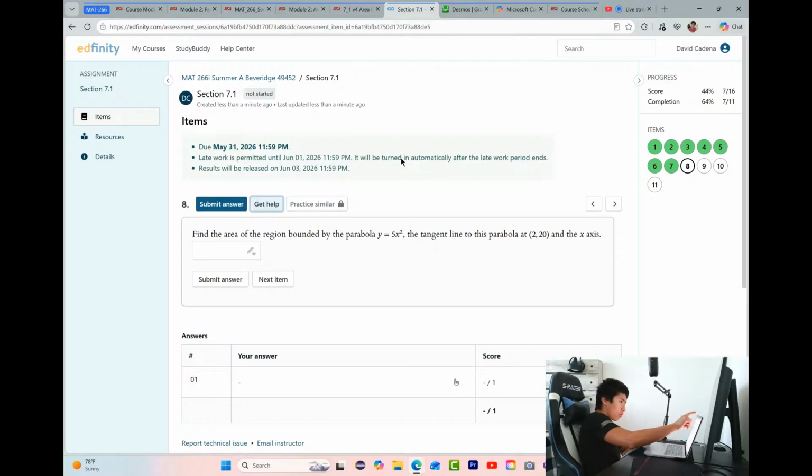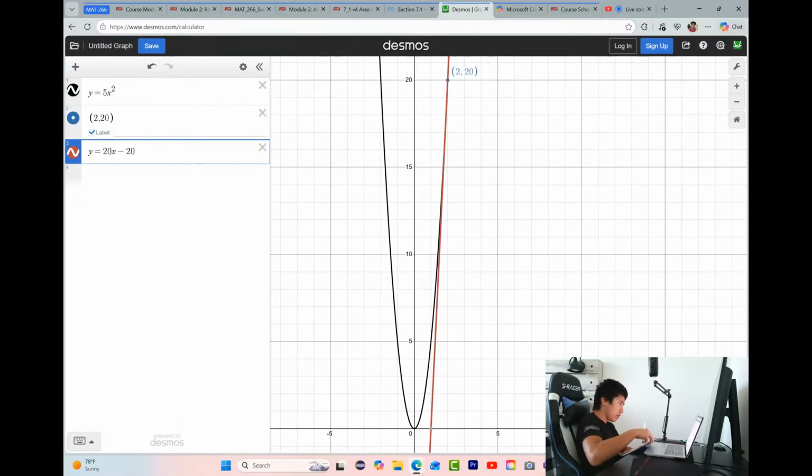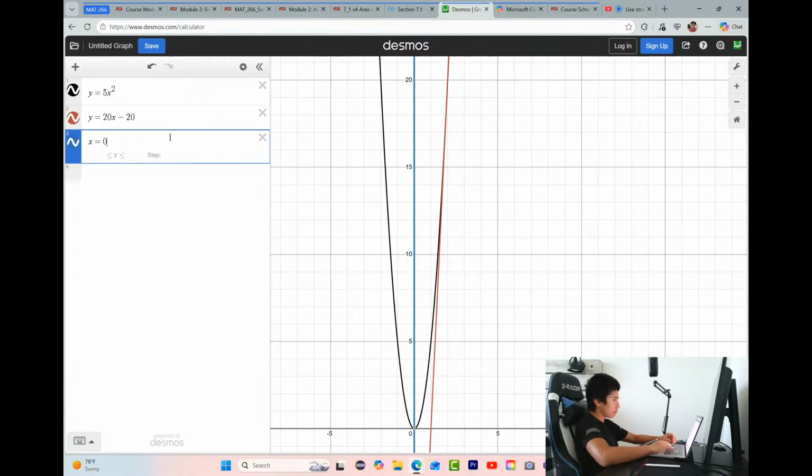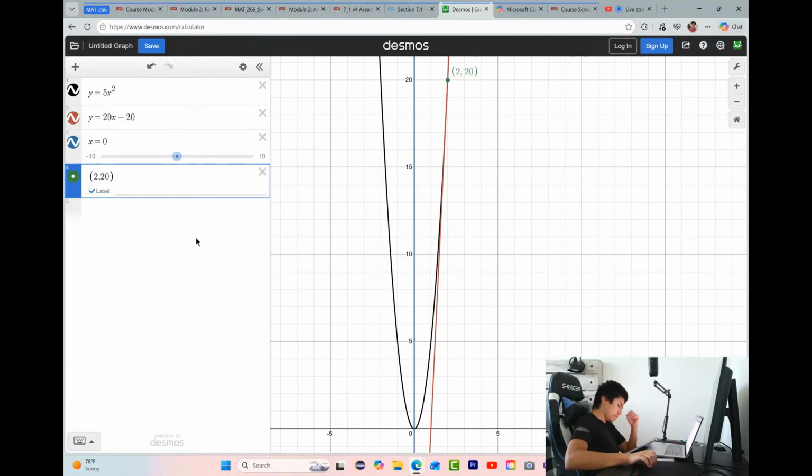So, according to our graph, from 0, where is x equals 0? Why don't I have it here? There you go. So from 0 to 2, does anything change? Okay, what am I trying to look at?